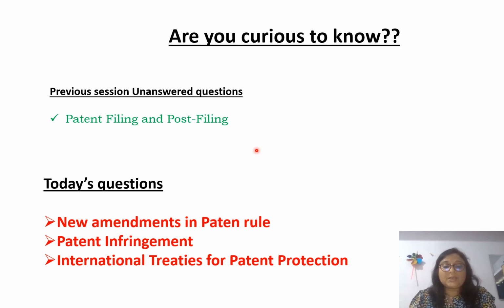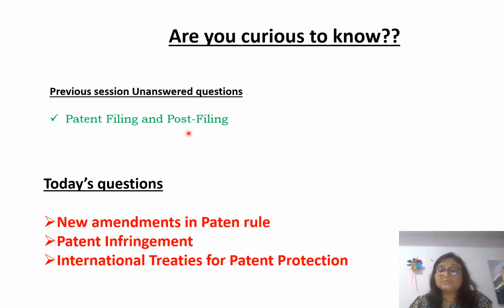Now in this session I hope I have met all your unanswered questions. I have cleared what patent filing is, what the patent registration process is, how you can file in India, how you can file your applications internationally, what the time periods are, and I also mentioned the post filing formalities, filing form 27, renewal fee, all these things we discussed today.